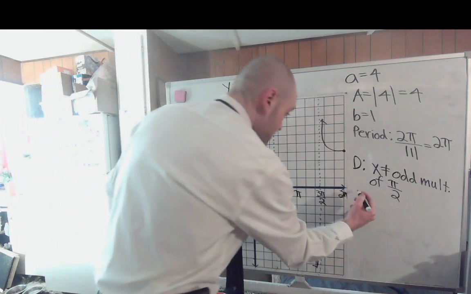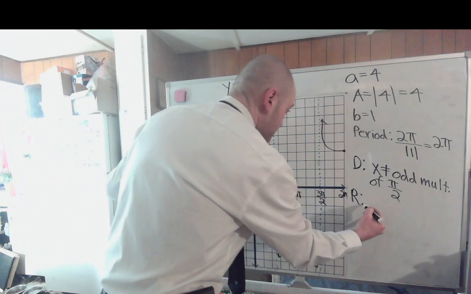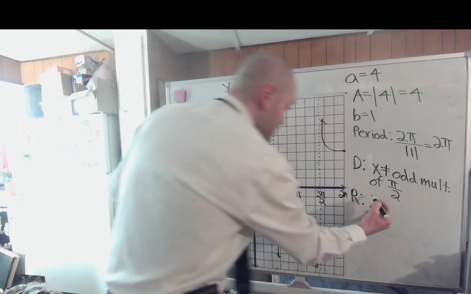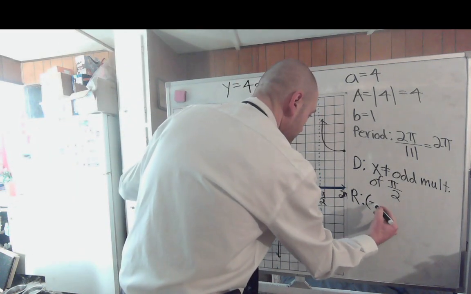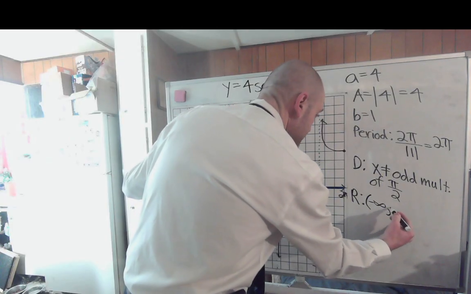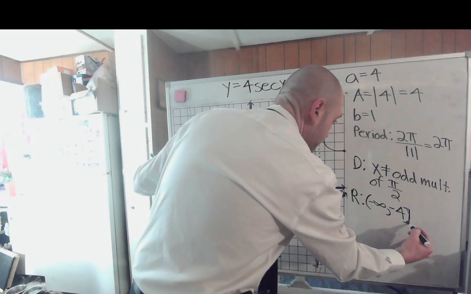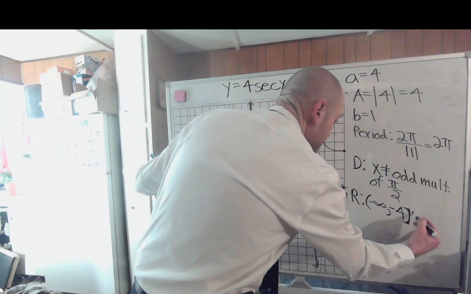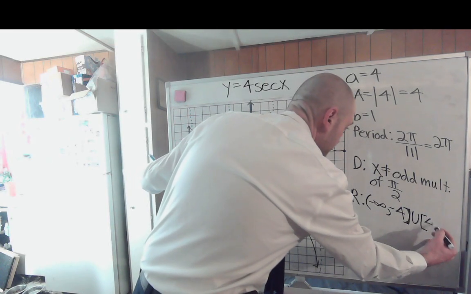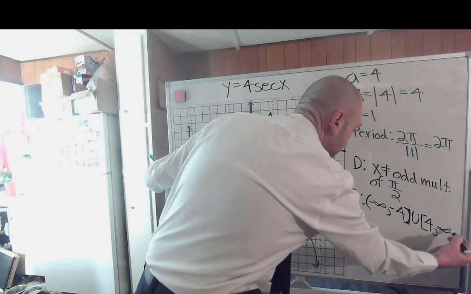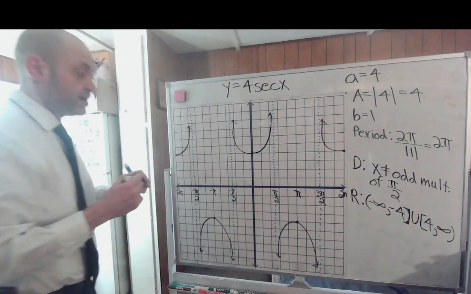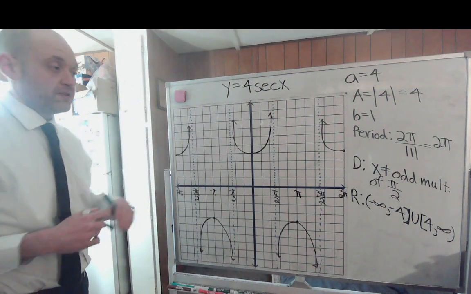Now your range, the amplitude affected your range, so your range is actually going to this time be from negative infinity to negative 4 inclusive, union 4 inclusive to infinity. So there is your range for this particular secant function.